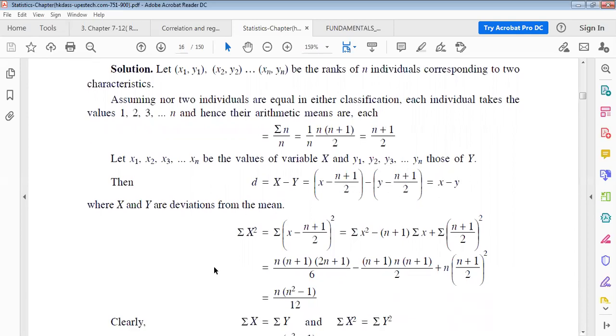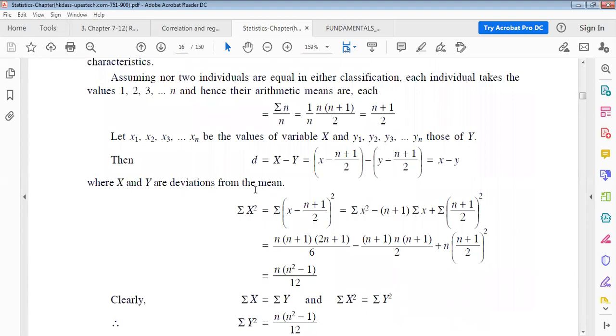So x minus y. Now, where x and y are deviations from the mean, what is summation x square? Summation x square means summation of x minus x bar whole square. This can be written using the a minus b whole square formula: a square minus 2ab plus b square. The 2ab term cancels and only the b square term exists, which is n plus 1 by 2 whole square.